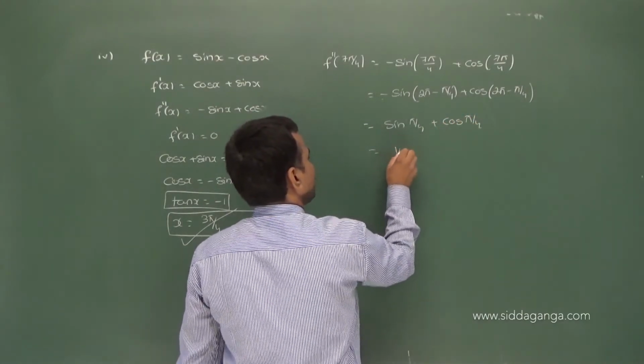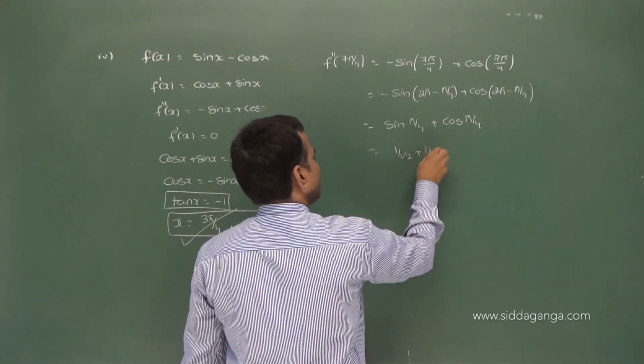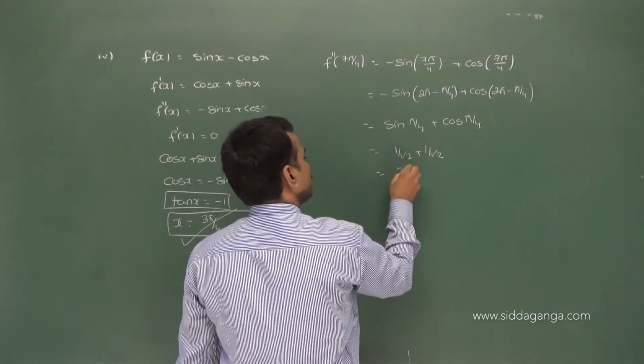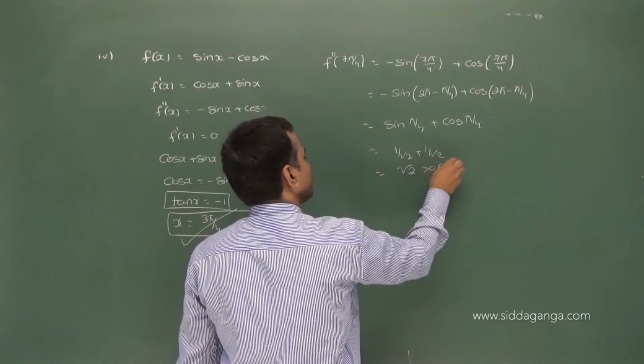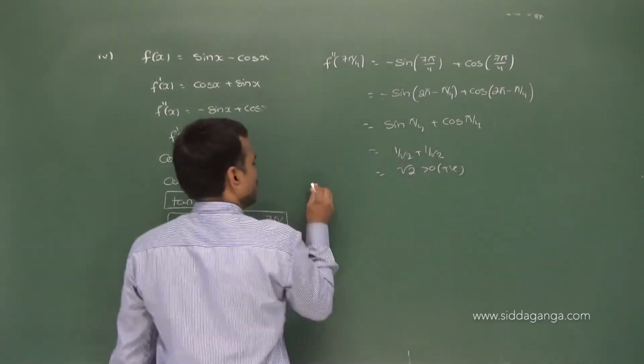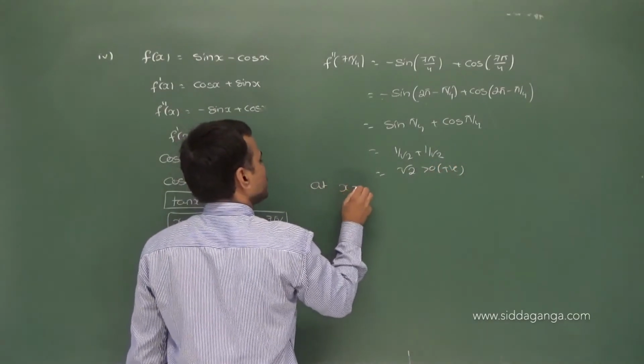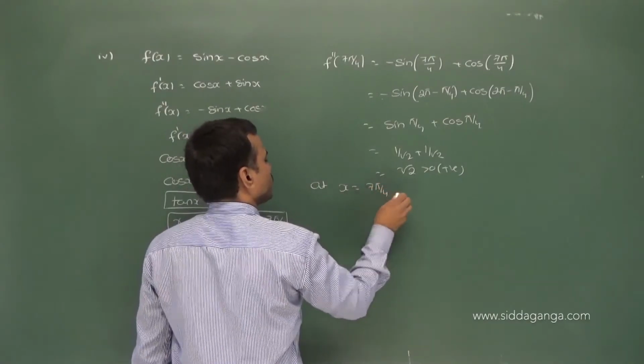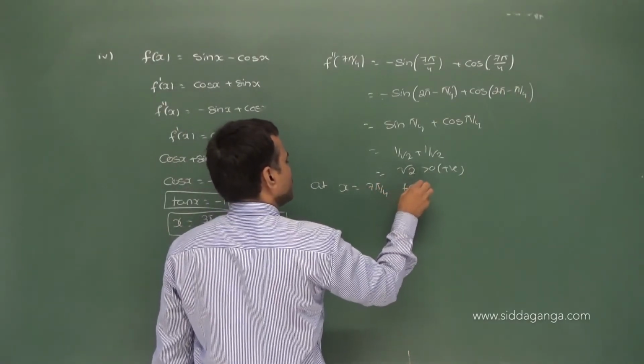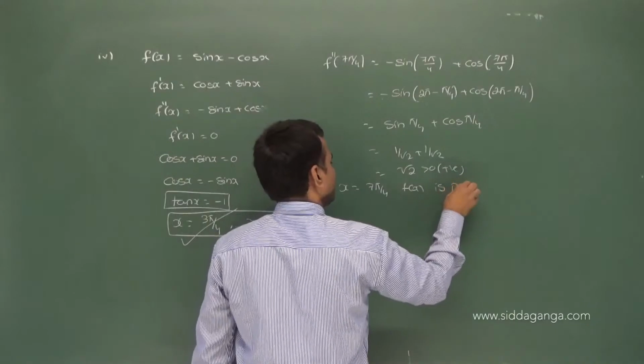It is 1 by root 2 plus 1 by root 2, root 2, greater than 0. Positive. So at x is equal to 7 pi by 4, f of x is minimum.